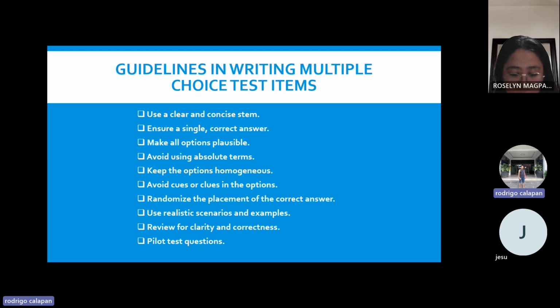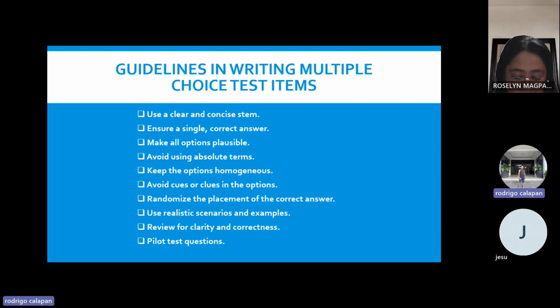Number 5, keep the options homogeneous. We have to ensure that the options are similar in structure, length, and grammar to avoid giving away the correct answer or creating bias. So we have to make sure the correct answer is not significantly different from the distractors.